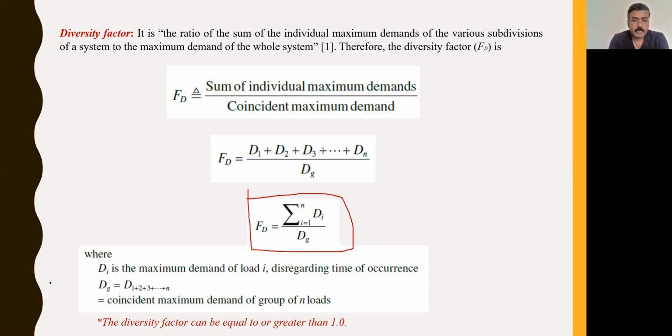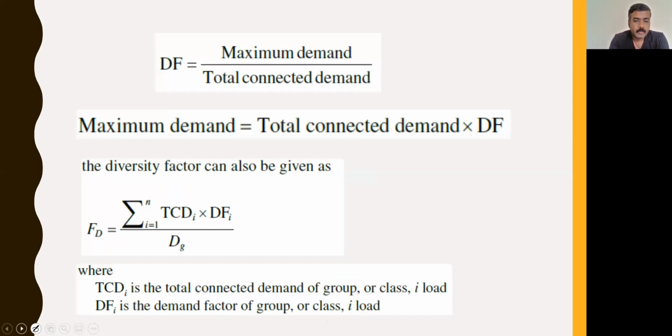And from this expression we can say the diversity factor is always equal to or greater than 1. It cannot be less than 1. Maximum demand from this expression we can obtain as total connected load into the demand factor.